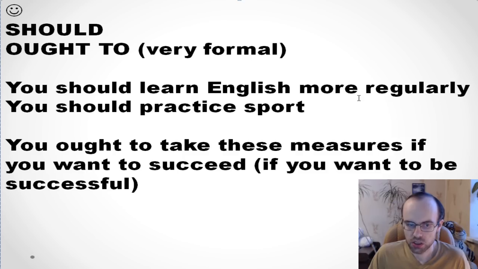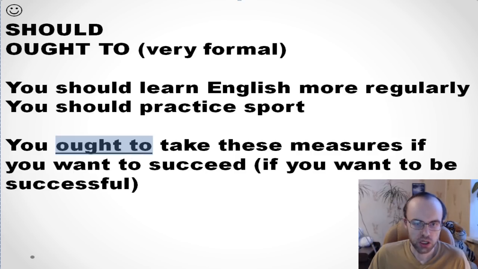So it means it's a good idea for you to learn English more regularly. You should practice sport. It means it's a good idea for you to practice sport. Okay? Or you can use ought with to. You ought to take these measures if you want to succeed, or if you want to be successful. You see, ought to, it's more formal.